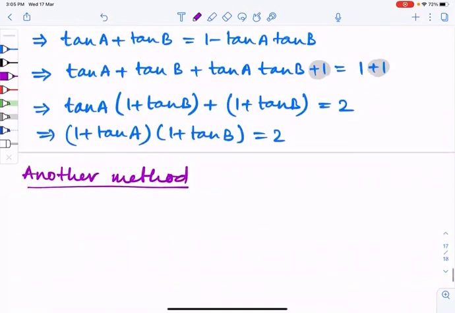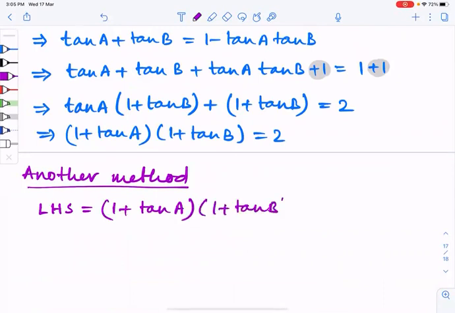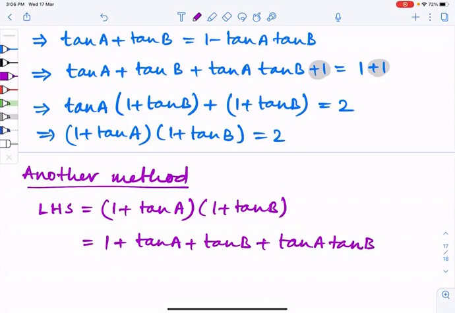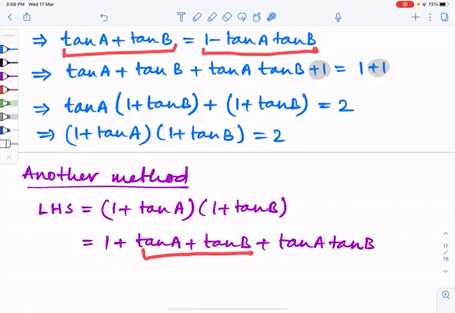What is that? LHS. We start with LHS. That is 1 plus tan A into 1 plus tan B. And we just multiply them. I get 1 plus tan A plus tan B plus tan A tan B. In this, I have already seen that tan A plus tan B is 1 minus tan A tan B. I can use that here, and I will get the result.